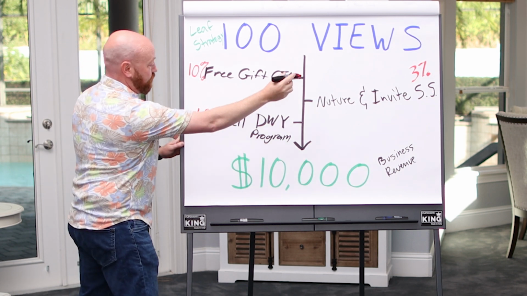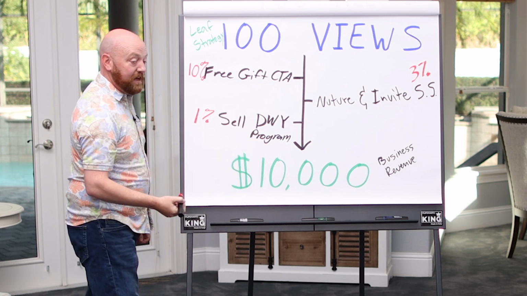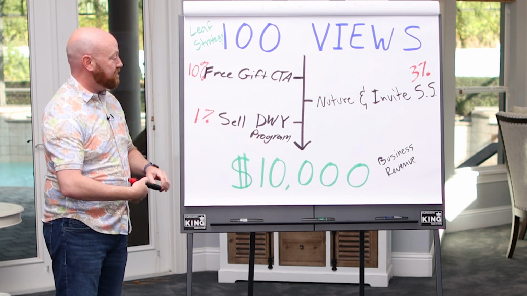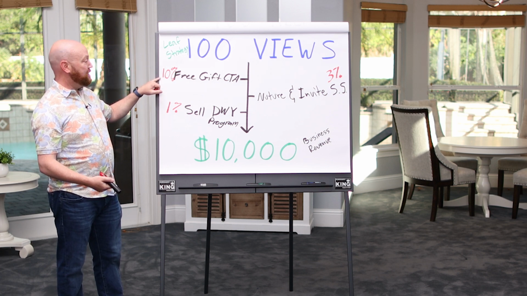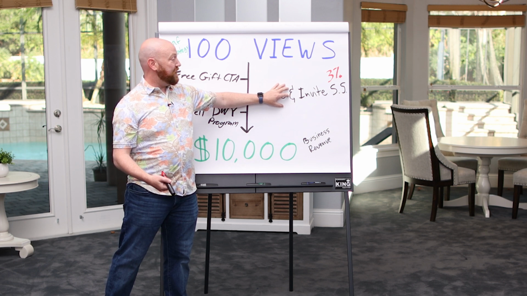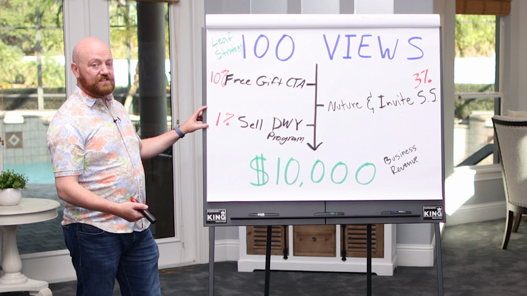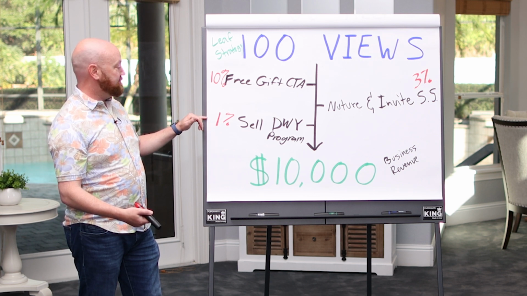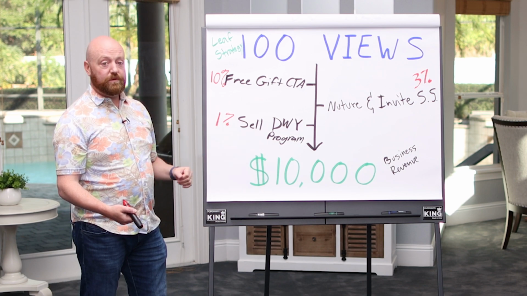Okay, so the 3% do the strategy session and then 1% actually buy a program, and so that's $10,000. From every 100 views, 10 people get your free gift and become a lead. And then of those 10, a third of them join a strategy session, so that's 3%. Then another third of those, from those 3 strategy sessions that you have, one person becomes a customer or a client and pays you $10,000 for your Done With You program.